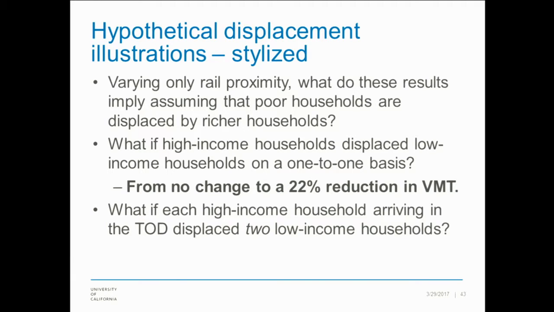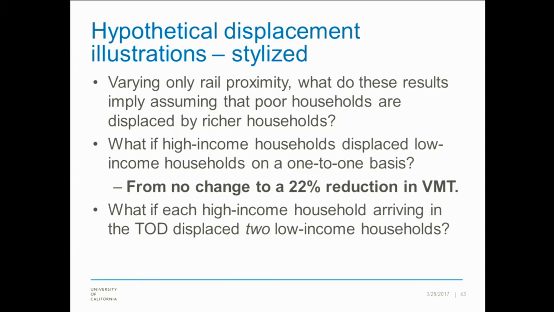And we look only at the metropolitan area results, and we don't look at the smaller sample CHTS and NHTS results for San Francisco or for Los Angeles. What we find is that on a 1-to-1 basis, there is either no change in VMT or possibly a 22% reduction in VMT, depending on whether you use the controlled estimates or the uncontrolled estimates.